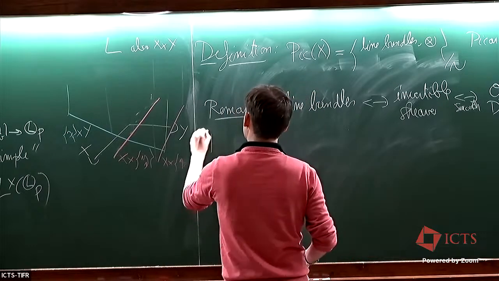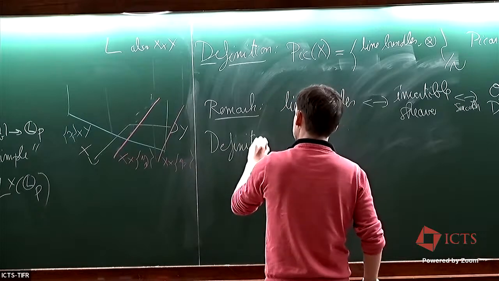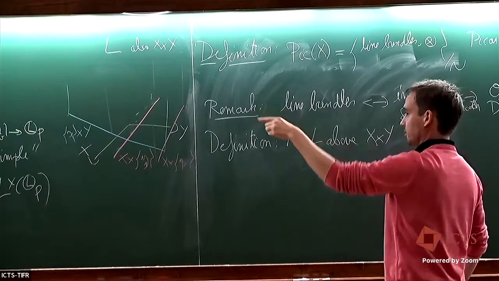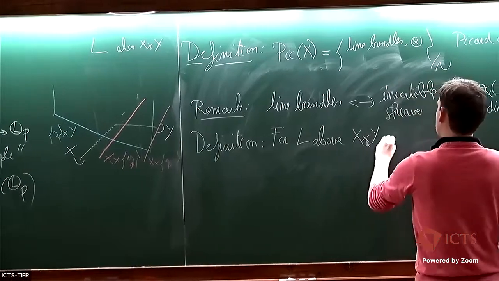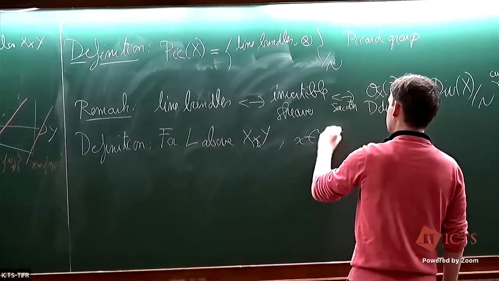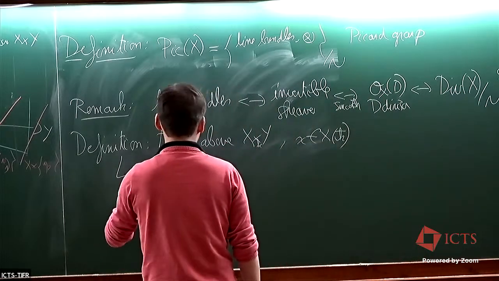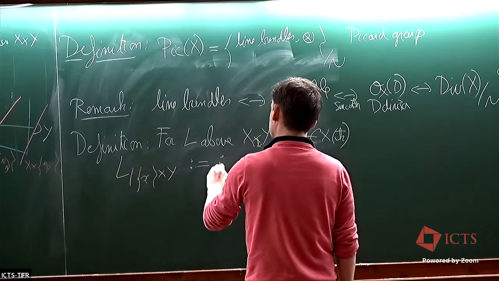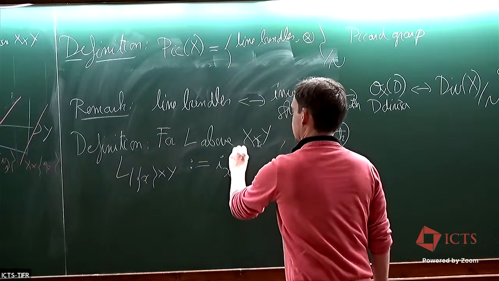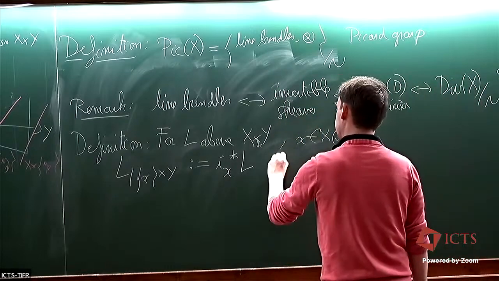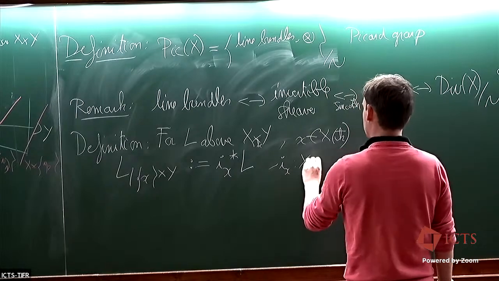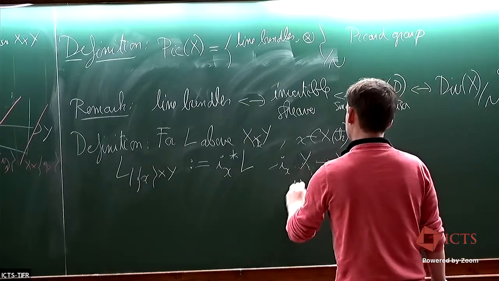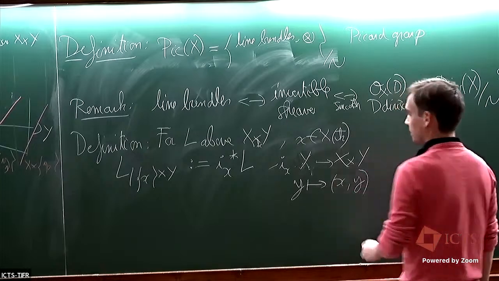So for L above X times Y, Y satisfying the same properties here, for x in X of K bar, I define by notation L_x to be the pullback of L by i_x, where i_x goes from Y to X times Y, by saying y is sent to (x,y), right?